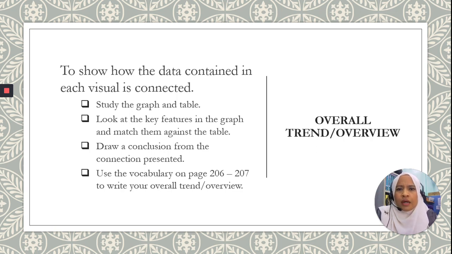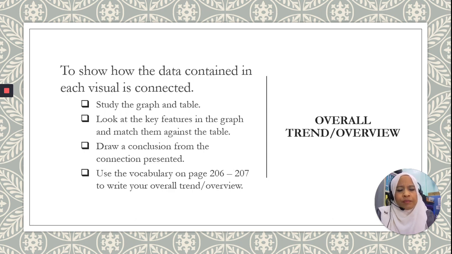There are going to be words contained in both visuals. Then you look at how the data for these key features correlate with each other. To do this, go to your textbook and use the words you see on pages 206 to 207 to describe this overview.